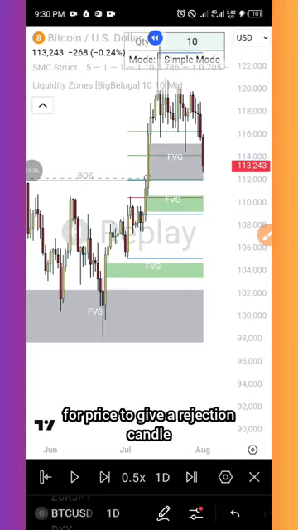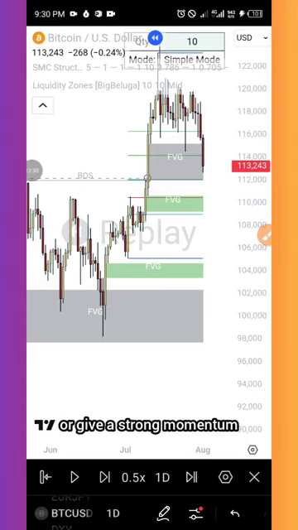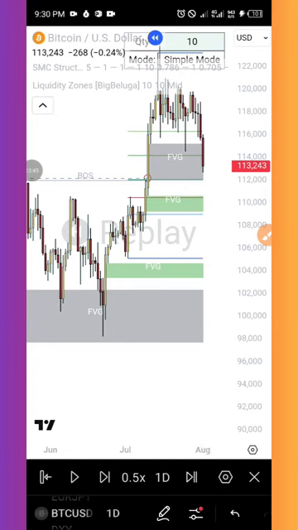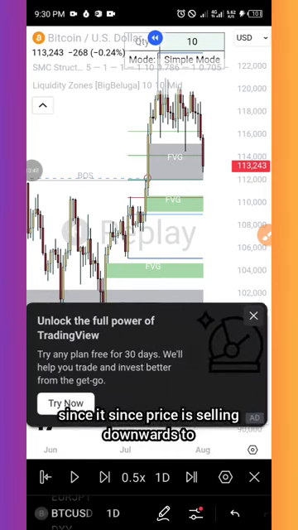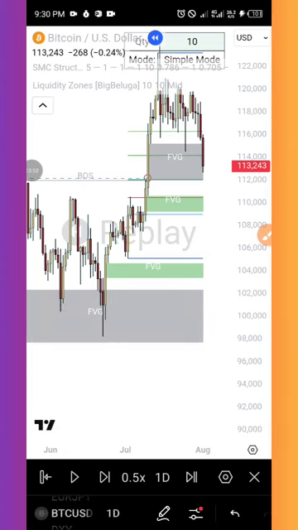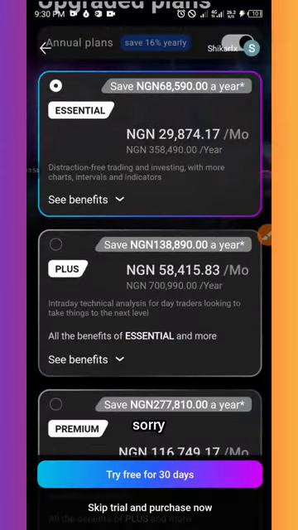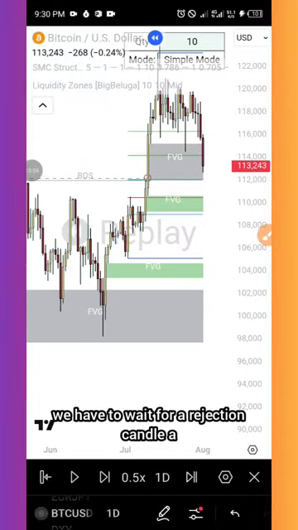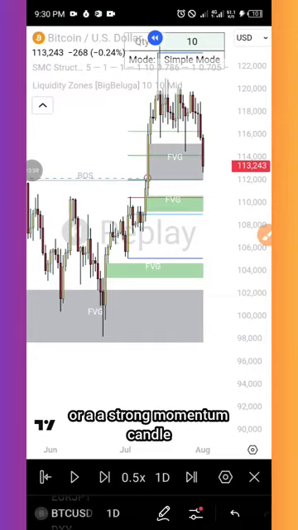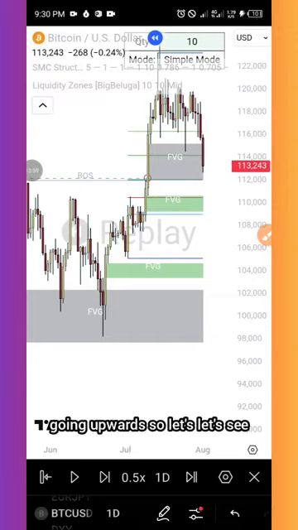You have to wait for price to give a rejection candle or a strong momentum candle in the opposite direction. Since price is selling downwards to our zone, we have to wait for a buy rejection candle, or a strong momentum candle going upwards.